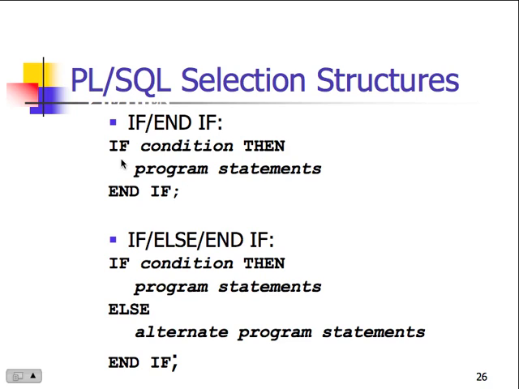This is very Pascal-like, and in fact very Visual Basic-like as well. So we go if, then some condition exists, then we have to write in then, and then we have to go end if. So we have an if and an end if, which is different. There are no opening and closing curly brackets, just statements that come in.